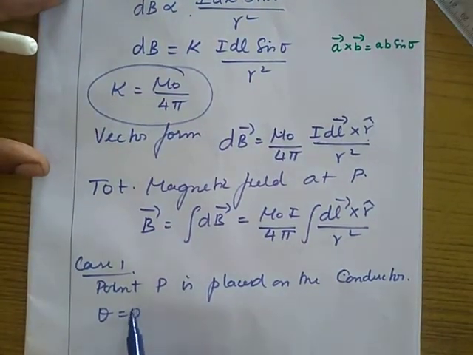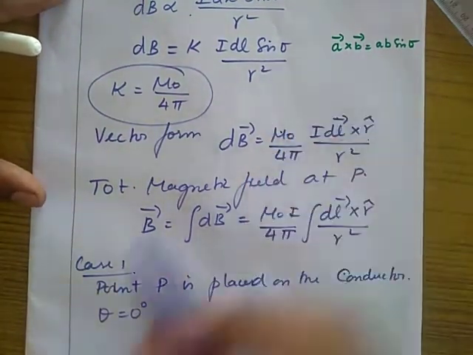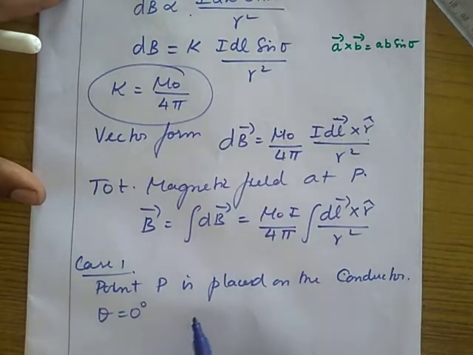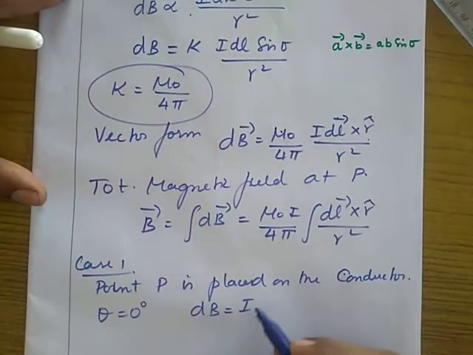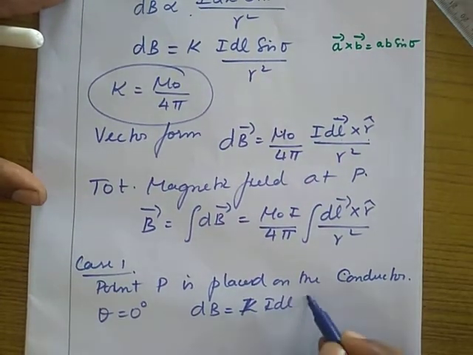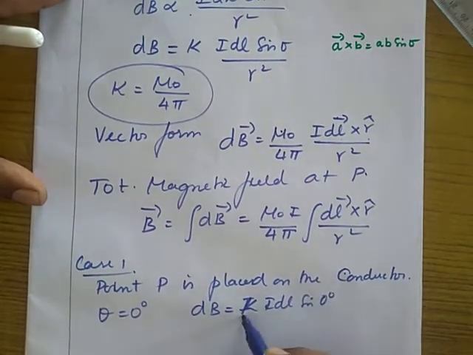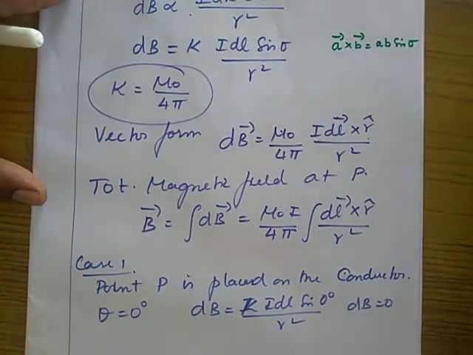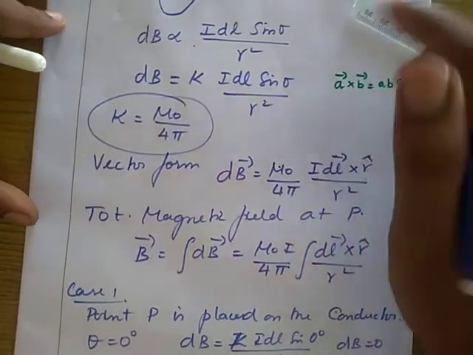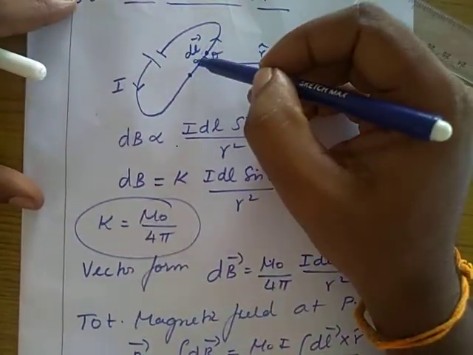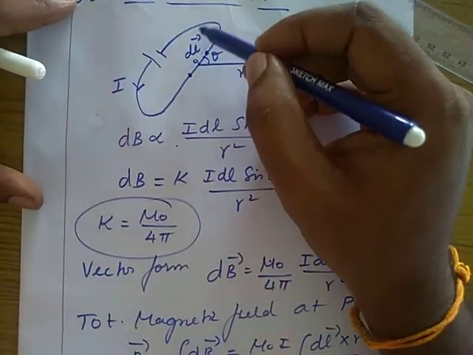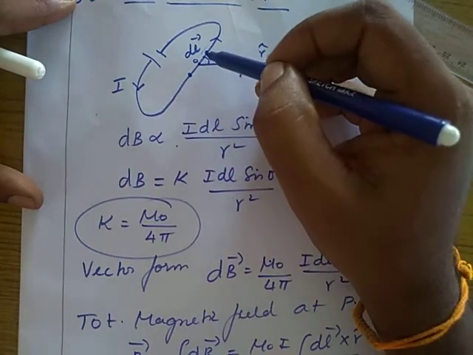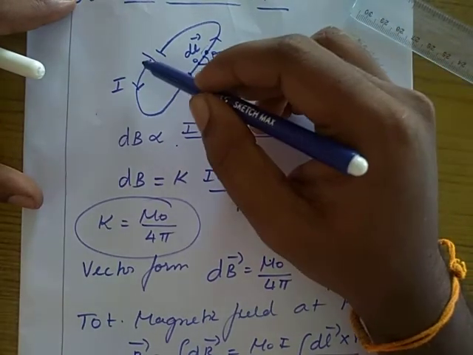Putting the value here, dB becomes k I dl sin 0 degree by r square, so dB becomes 0. A point on the conductor does not experience magnetic field from the current flowing in it.